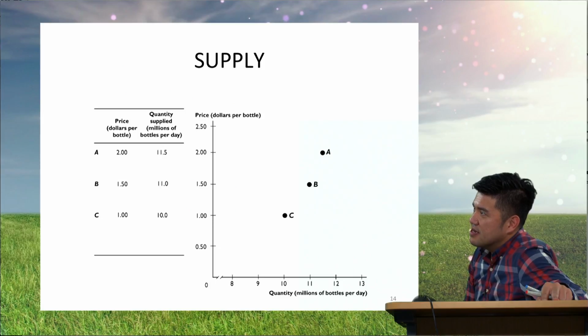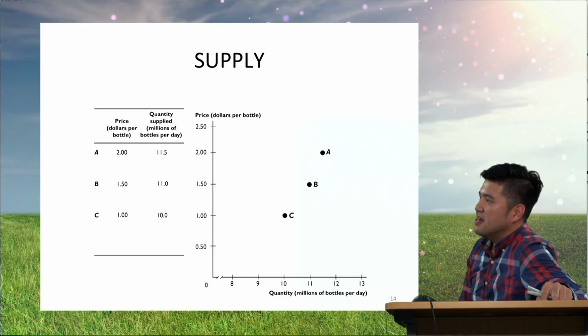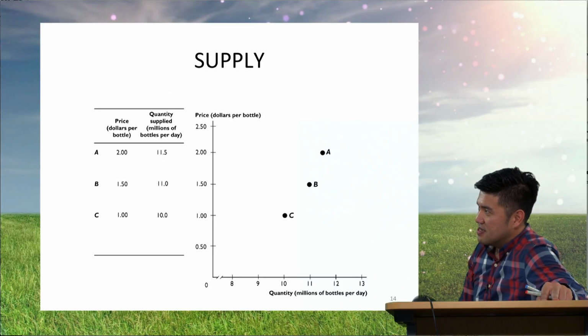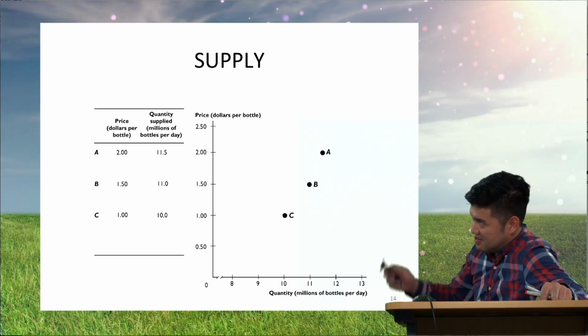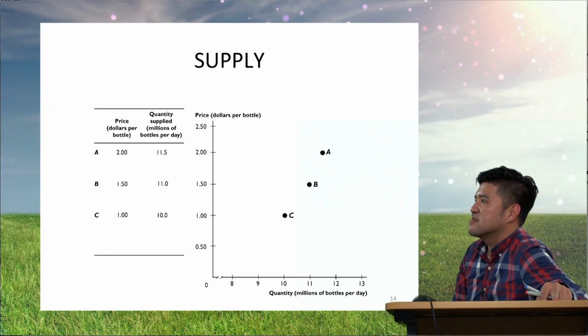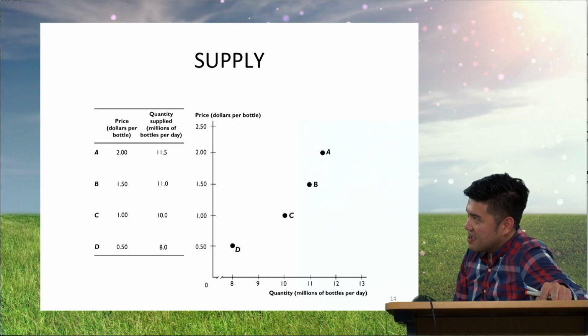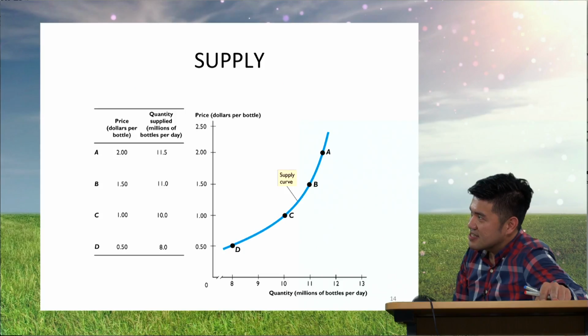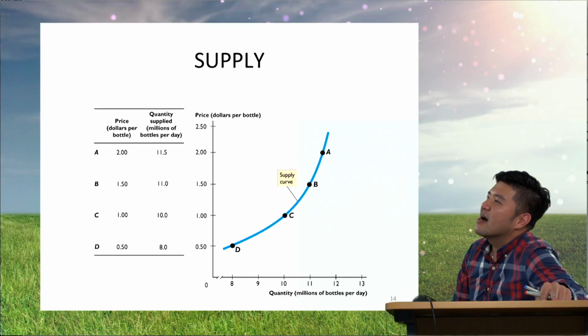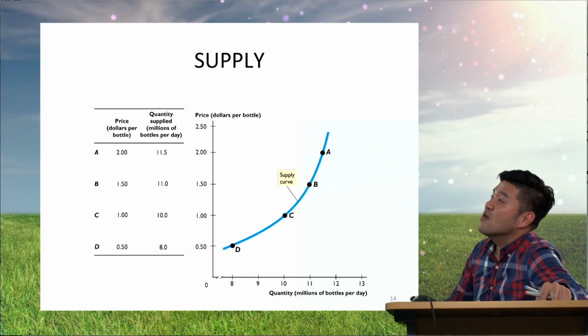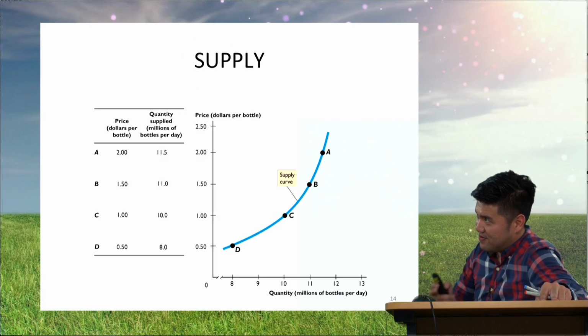Point C, price goes down even further to $1. Producers are not going to be too happy about that. They are going to cut the quantity supplied. So quantity supplied goes down to 10. And so on. Okay? So if we connect all these points, guys, the supply curve is an upward sloping curve.